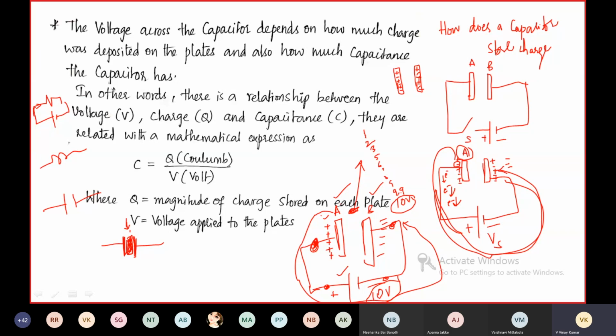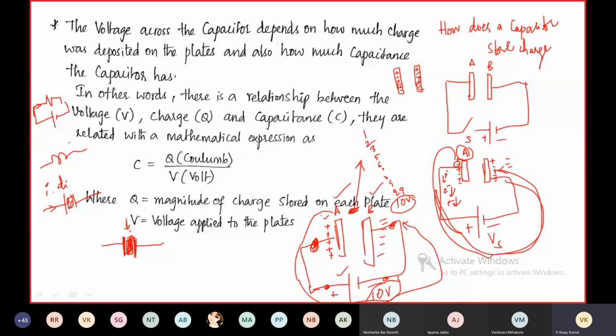If current flowed through the interior of the capacitor, we could call it conduction current, but no current flows there, as the dielectric medium is present between the two plates. So instead of conduction current, you can say displacement current.